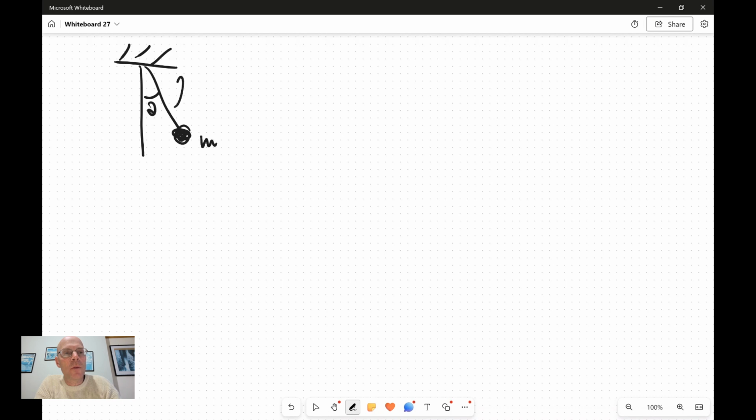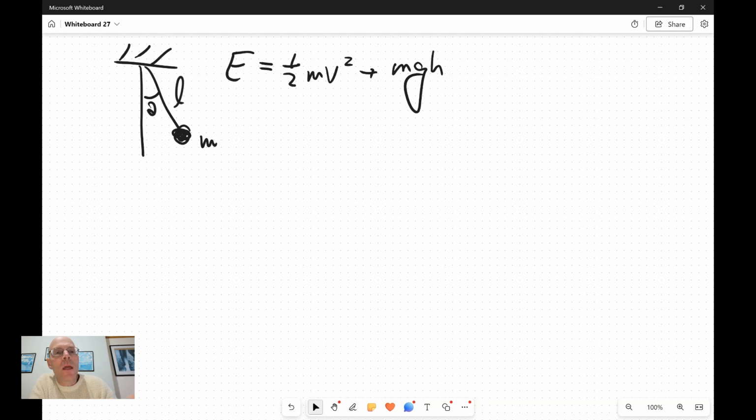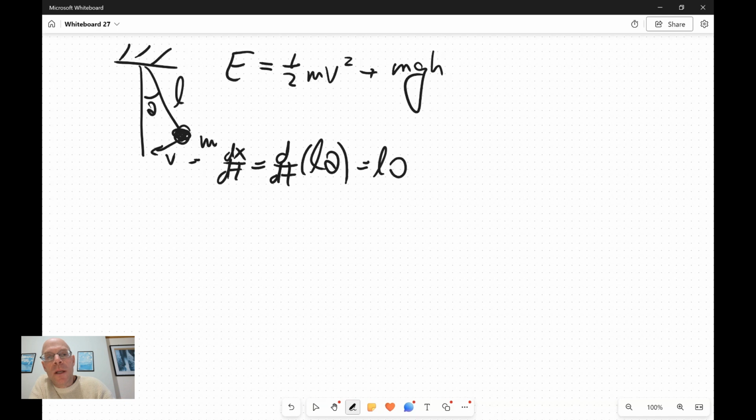So this is a pendulum, and the total energy of the pendulum is its kinetic energy, half mv squared, plus its potential energy. Now, the velocity is dx/dt, which is d/dt of L times theta. It's the arc, and I will denote it by L theta dot.